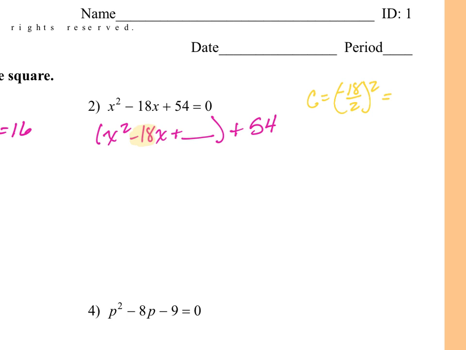So negative 18 divided by 2 is negative 9. And negative 9 squared equals 81. So if I add 81 there, I have to subtract 81 from my number on the outside of the parenthesis.